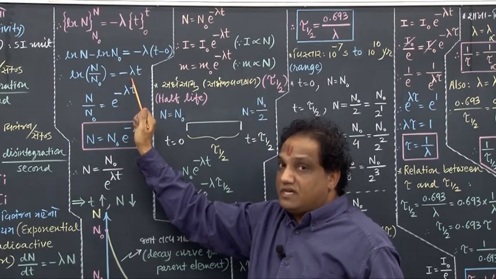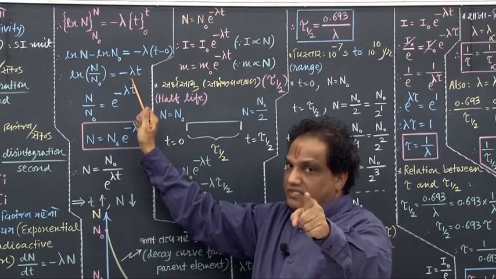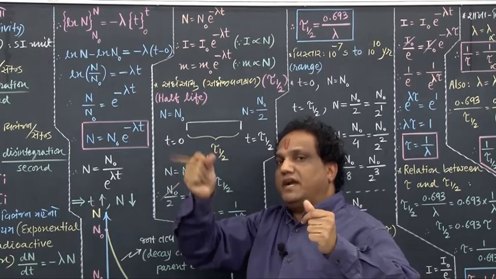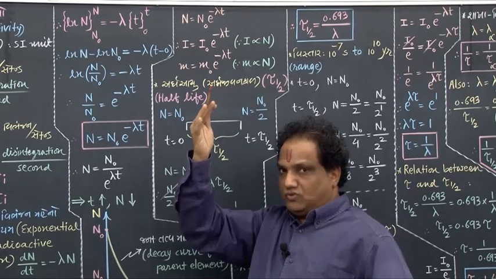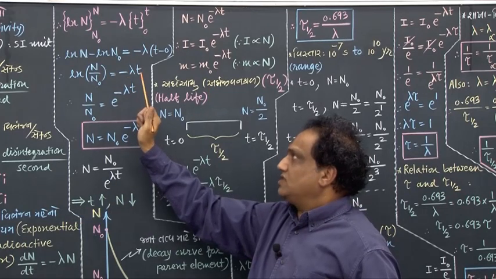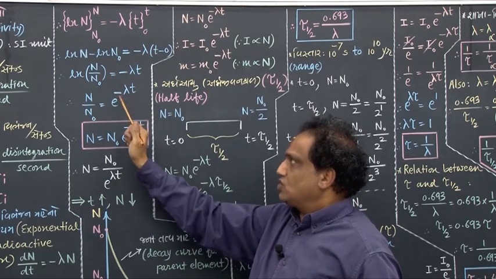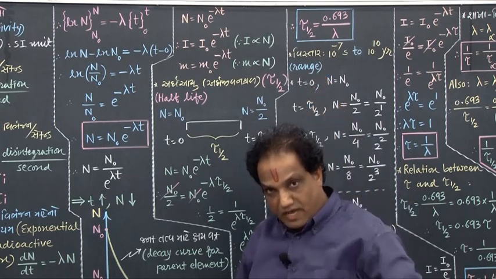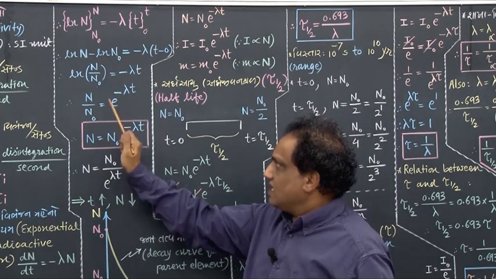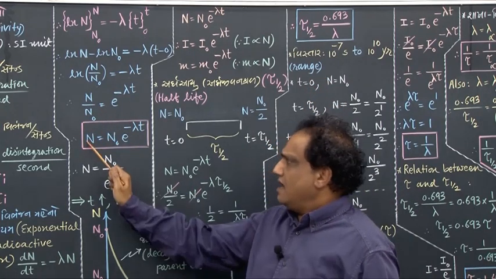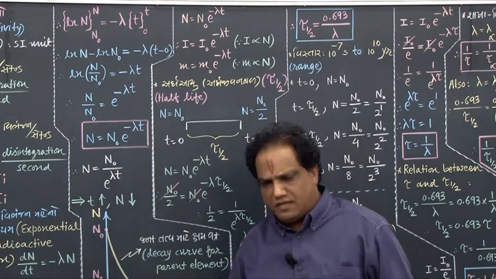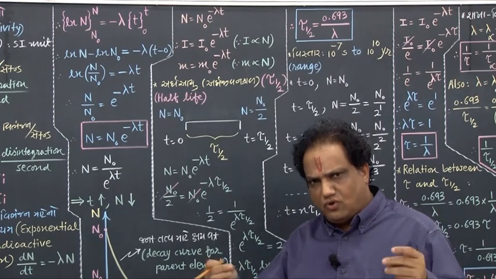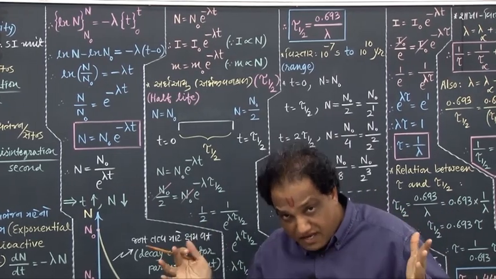If it is anti-log of x, it is e raised to x. So anti-log of this is e raised to minus lambda t. Transfer this N0 here: N equals N0 e raised to minus lambda t.